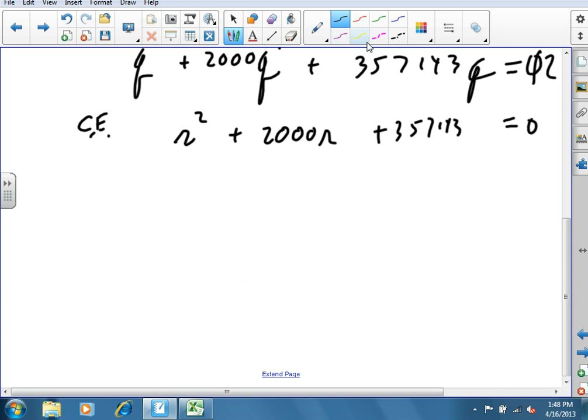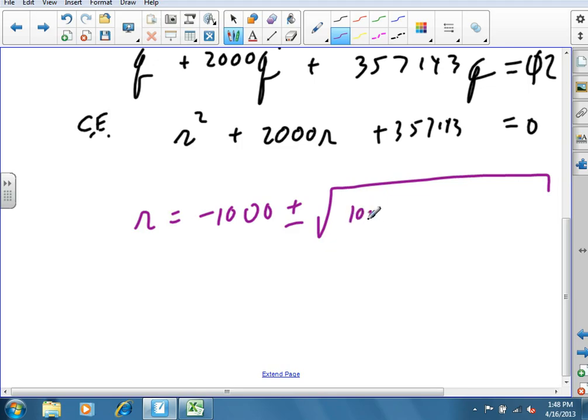Well, it's about time. Now I get an imaginary number. R is equal to minus 1,000 plus or minus square root of 1,000 squared minus 357,143. Shoot, I still don't have an imaginary number.